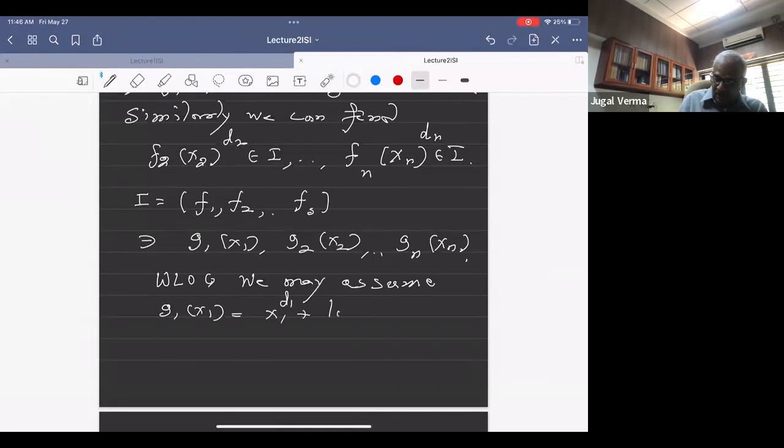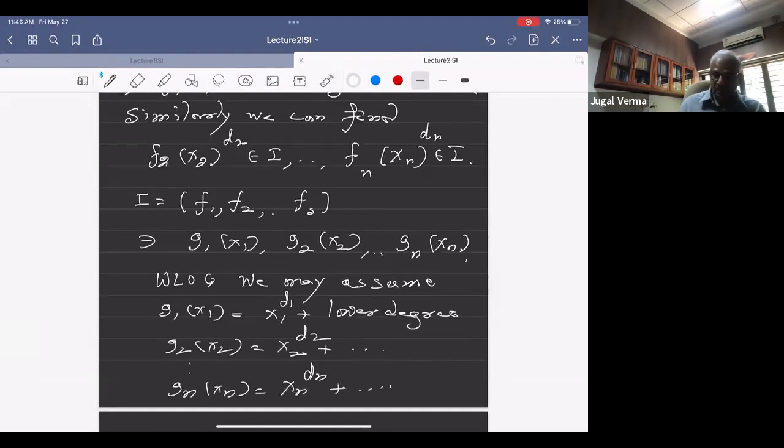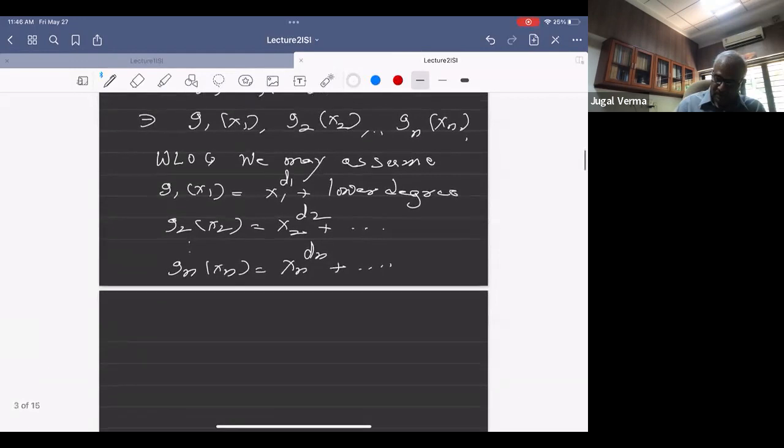And g2(x2) looks like x2^d2 and some lower degree terms, and gn(xn) looks like xn^dn plus some lower degree terms. So my ideal contains such polynomials.